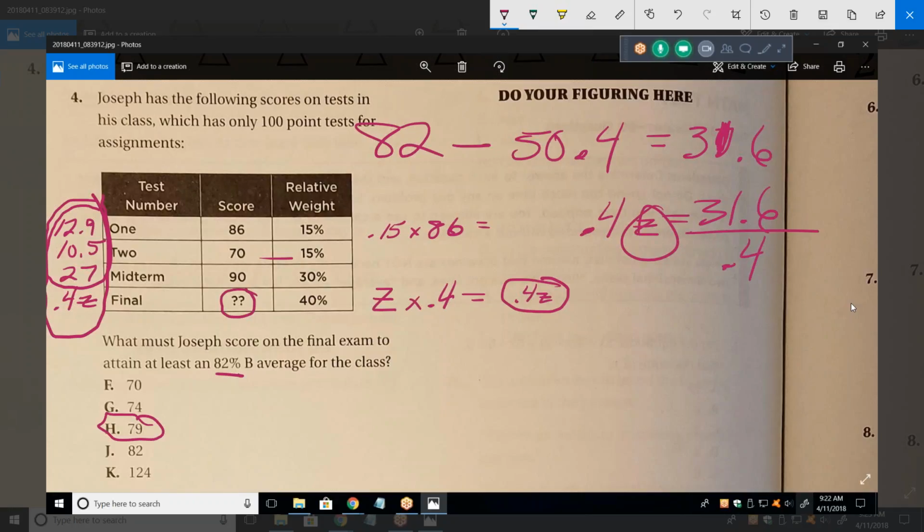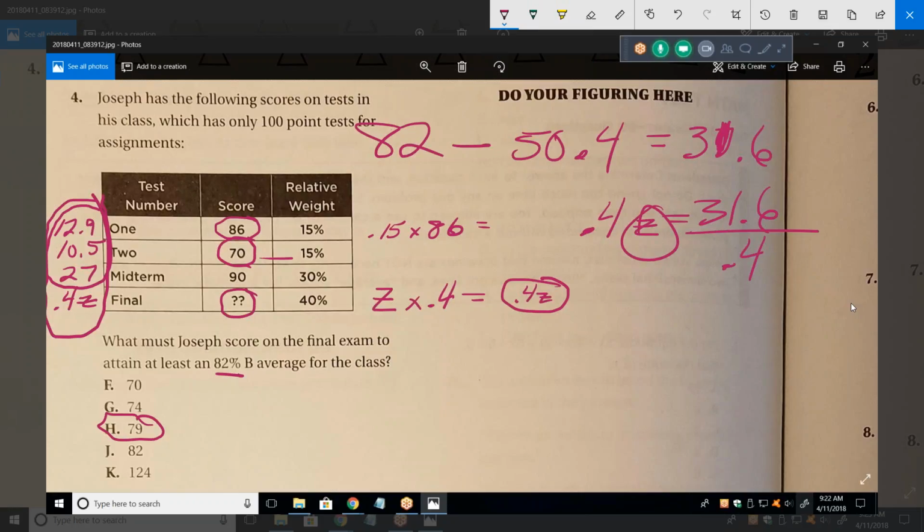That's always comforting when you've done a process that you're not 100% sure is correct, but you come up with an answer that's on there. And let's see if we can kind of ballpark it. We were above our average after 1. After 2, we're probably below the 82 average, definitely.